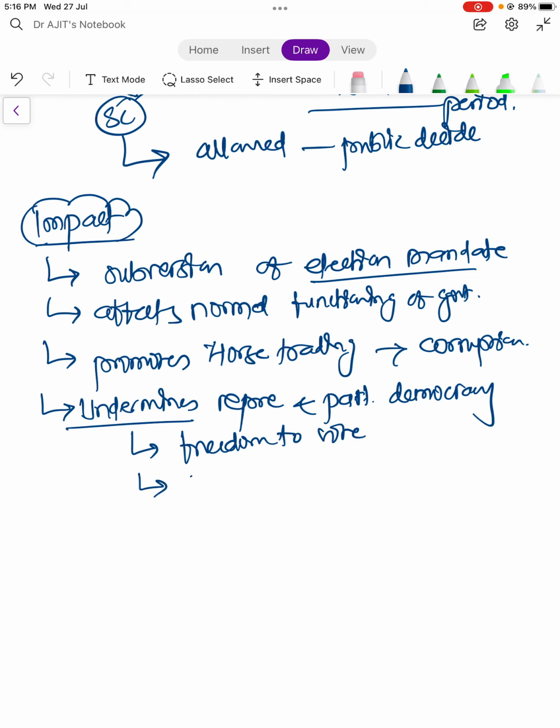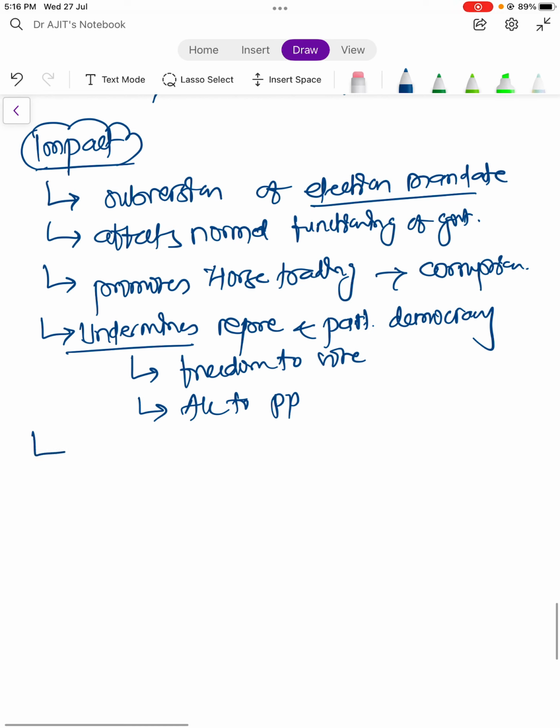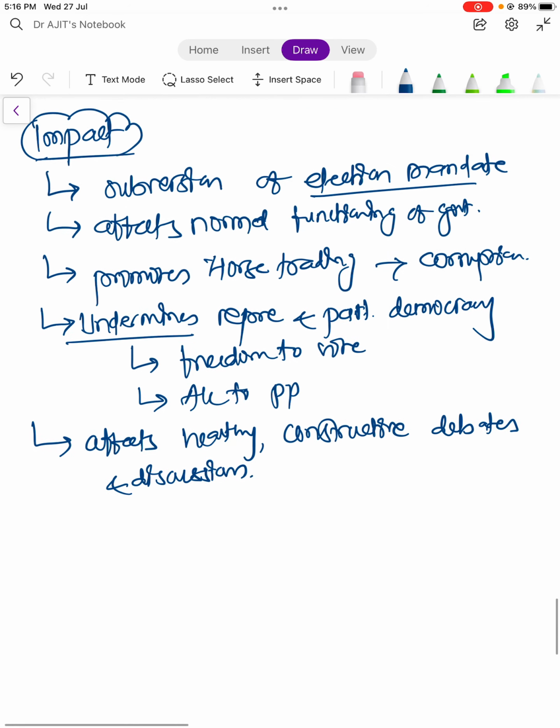They become accountable to the political party, because if they go against the party, they will be charged under anti-defection and they will be disqualified. Again, it affects healthy, constructive debates and discussions, right? So these are the impacts.